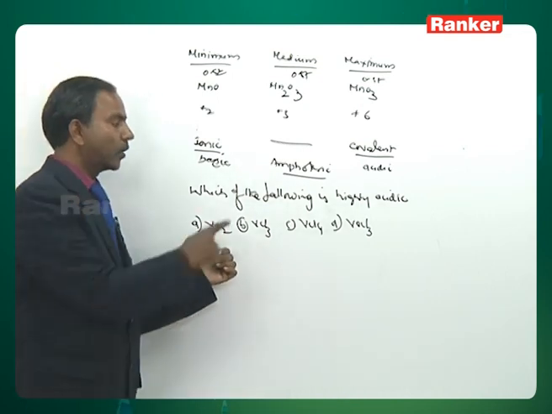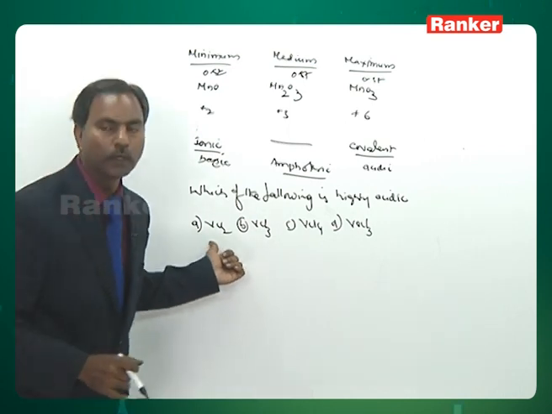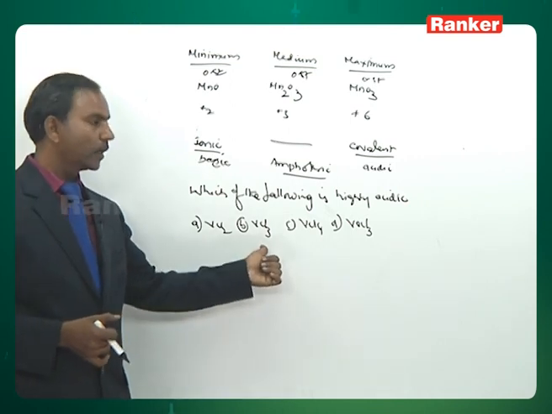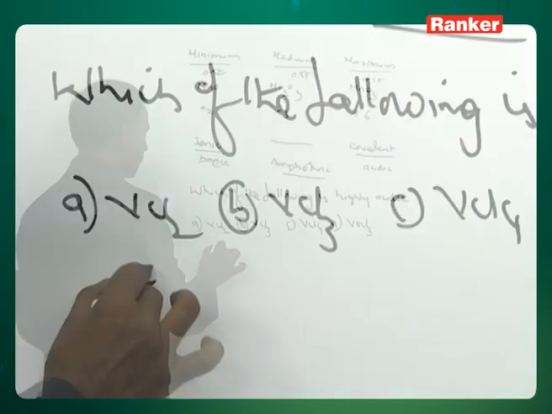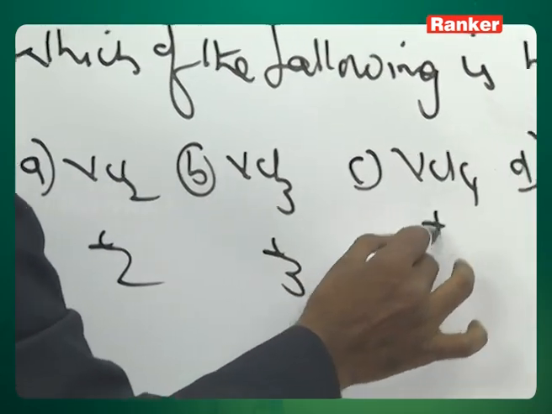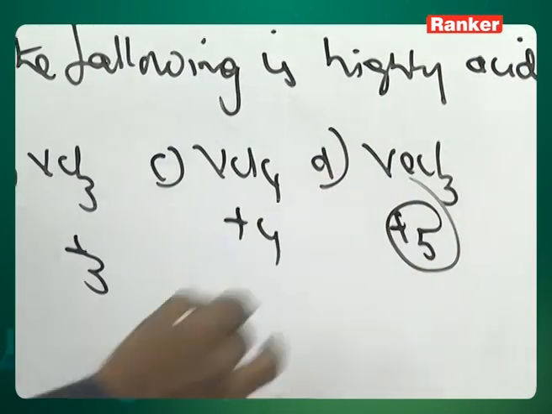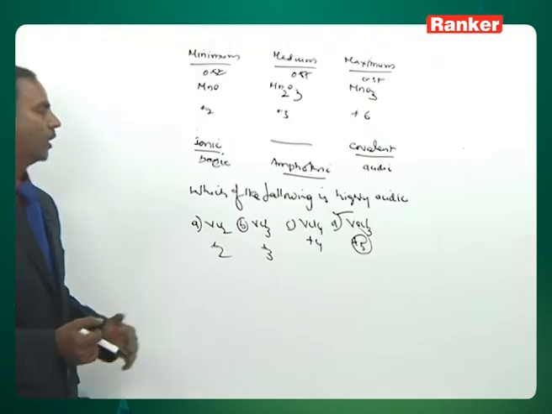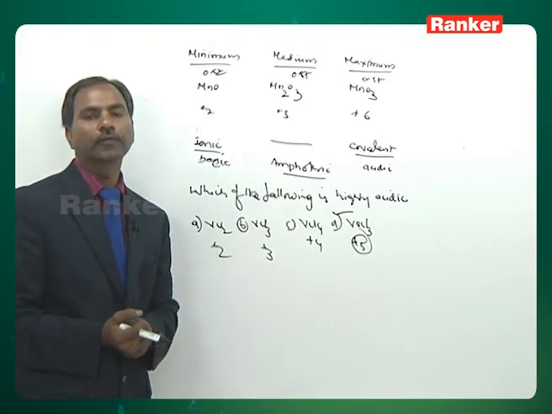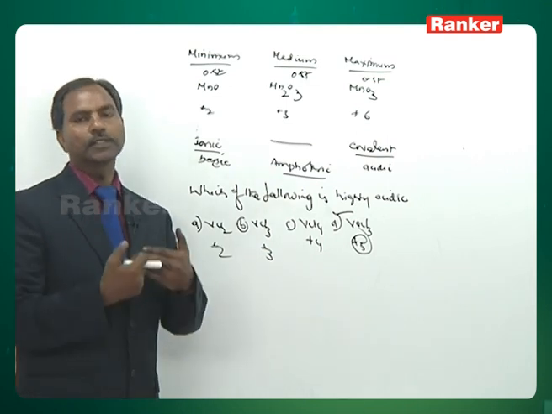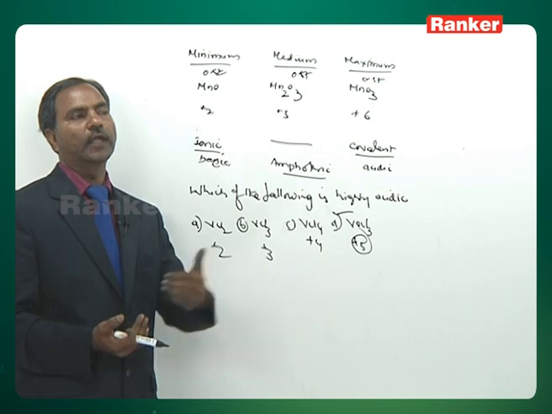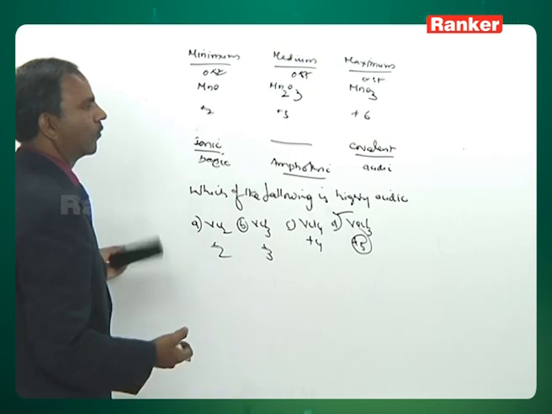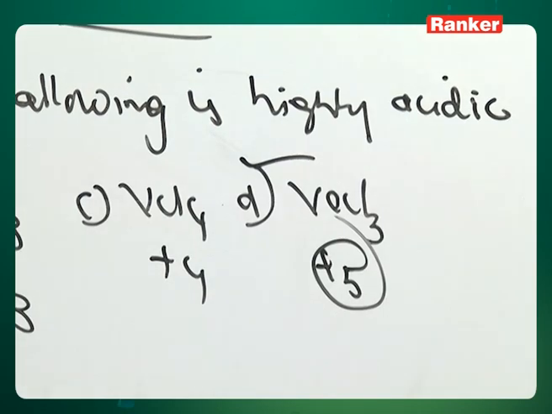What do we want here? Acidic. Acidic means it should exhibit the highest oxidation state. Here it is +2, here +3, here +4, but VOCl3 exhibits +5. So it has the highest oxidation state, therefore it is the highly acidic compound. Like this, based on the given compounds, you see which has the lower oxidation state and which has the higher, and accordingly you can easily decide which compound is more acidic or more basic. An easy concept to identify the nature of a given compound.